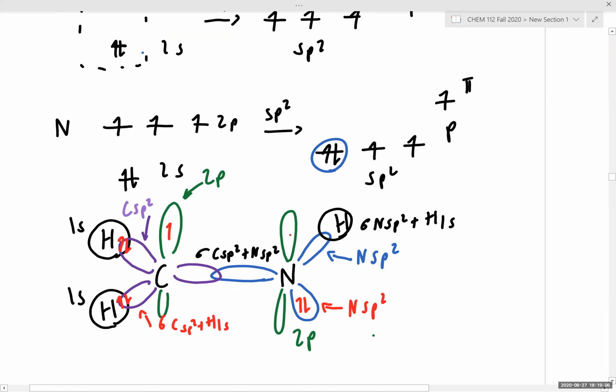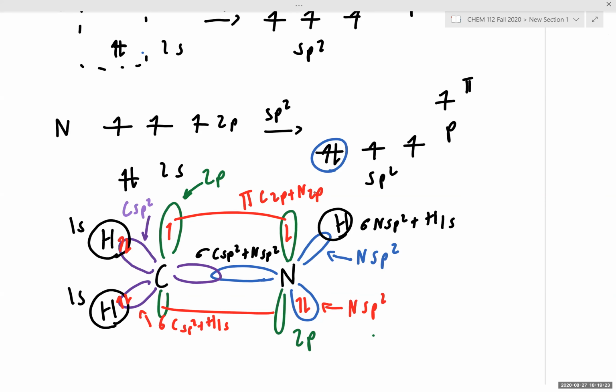And these 2 half-filled p orbitals will overlap, and this will form our pi bond. We call this a pi carbon 2p plus nitrogen 2p. So we've put together all of the pieces that we've learned in today's lecture. How do we describe single bonds? How do we describe double bonds such as pi bonds?